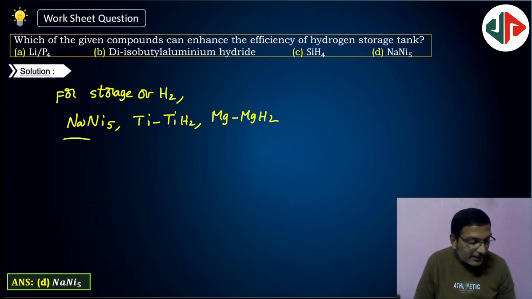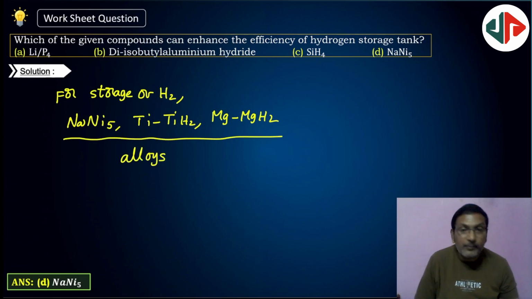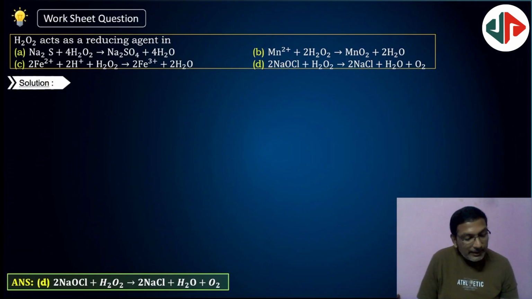These alloys can be used. So hydrogen will not react with these alloys. Therefore, these can be used for storage of H2. So in options, NaNi5 is there. Alloys.